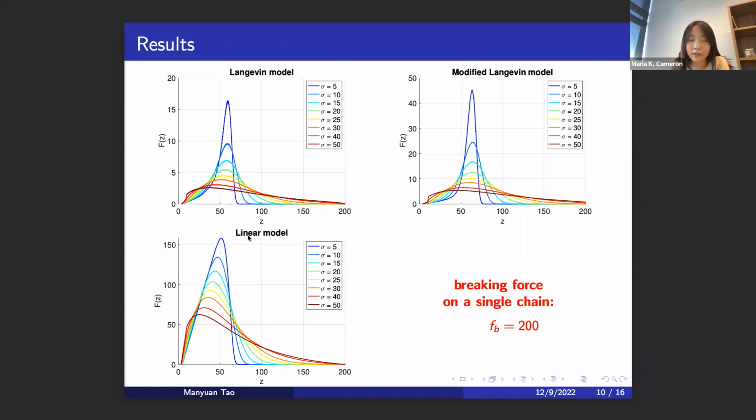By comparison, the linear model does not reduce the strength as much. Also, we can see that as the scatter in the chain lengths is increased, the strength is further reduced.